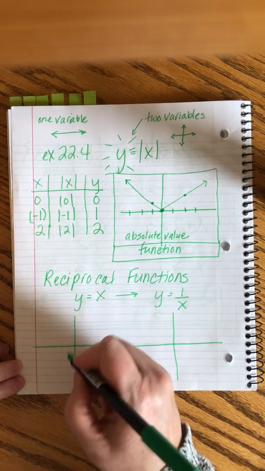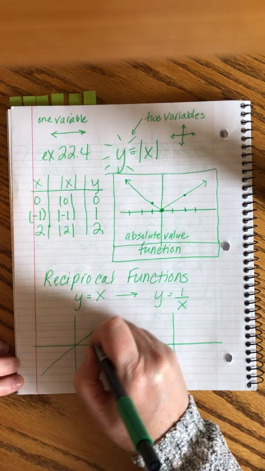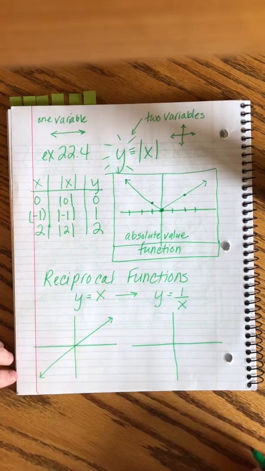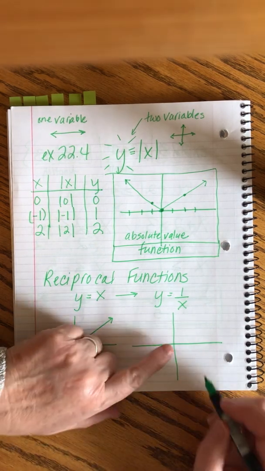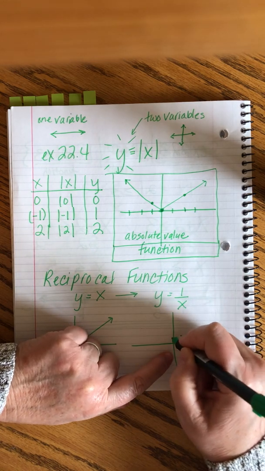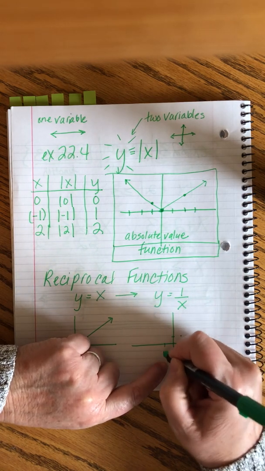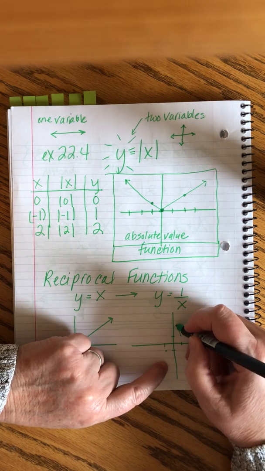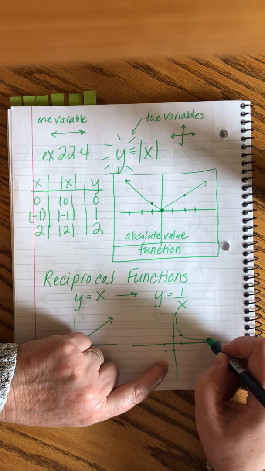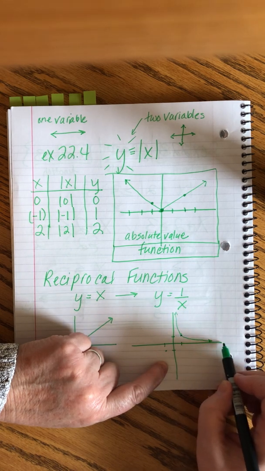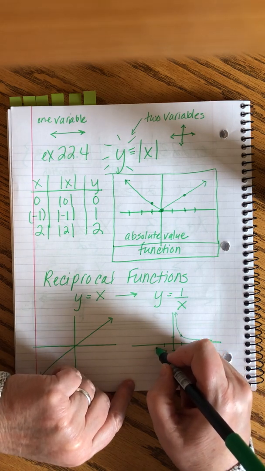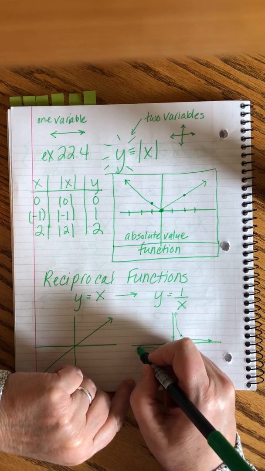If this is the function of y equals x, then the function of this goes out to 1, 1, and it curves. And these are those things called asymptotes that come close to this axis but never actually touch it. They go out to infinity.